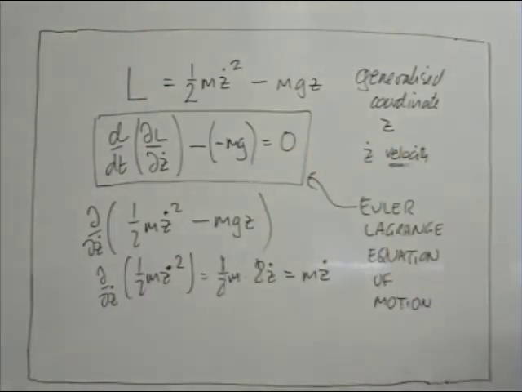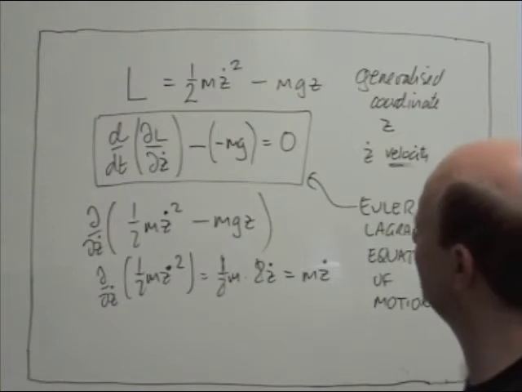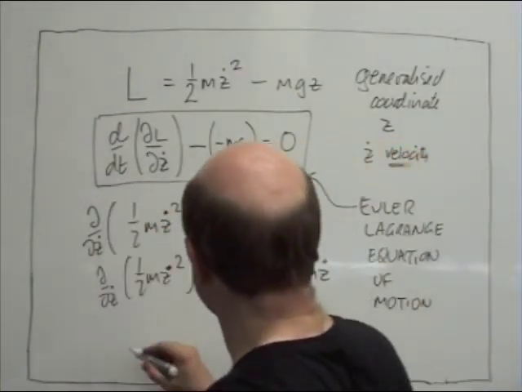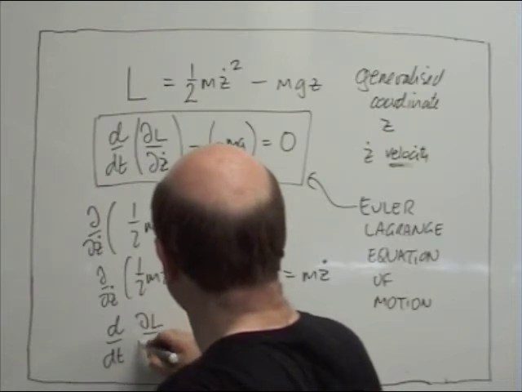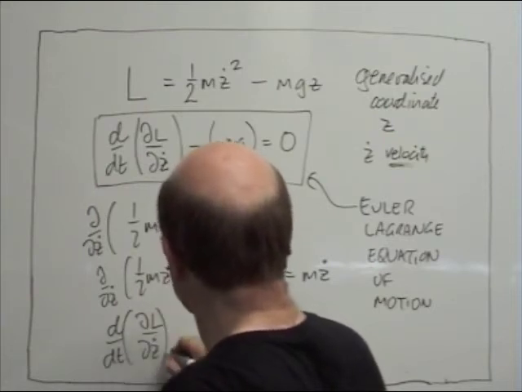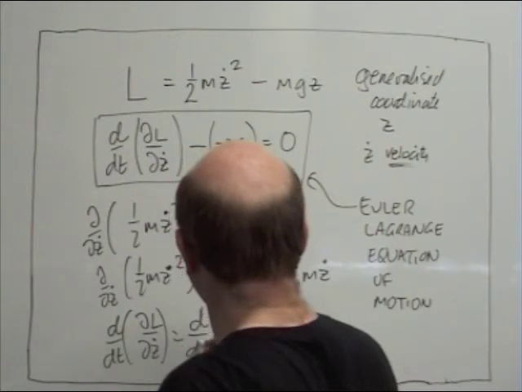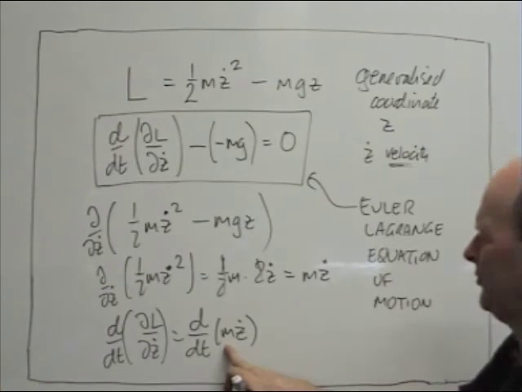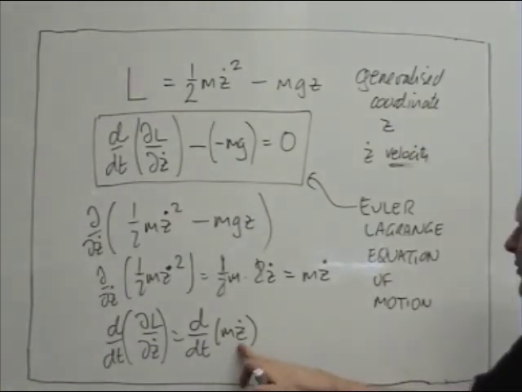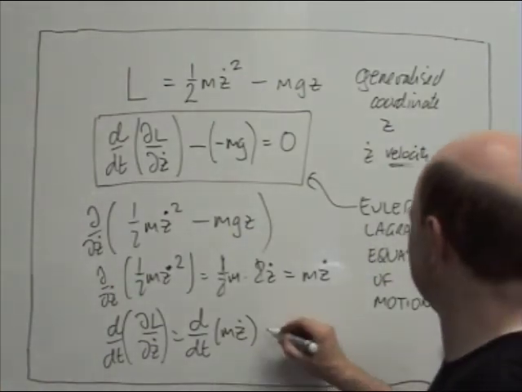So that's the partial derivative of L with respect to z dot. But notice we need the time derivative of that. So we need the time derivative of the partial derivative of L with respect to z dot, which is just the ordinary time derivative of m z dot. Now m isn't a function of time, but z dot is. z dot is just dz by dt.